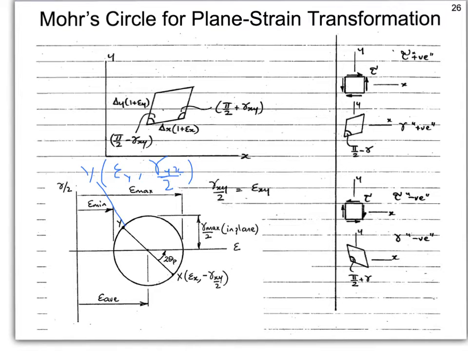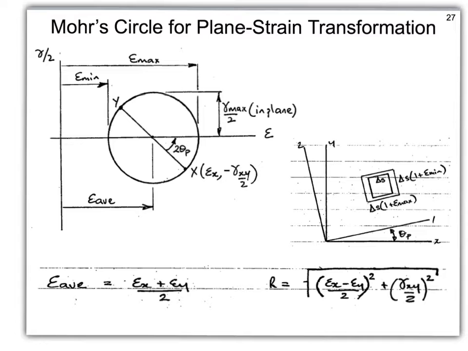Alright, so having constructed Mohr's circle with our strain components, we can go and calculate the principal strains, maximum shear strains, and so on. So of course, as usual, out here will be the maximum normal strain, here will be the minimum normal strain.